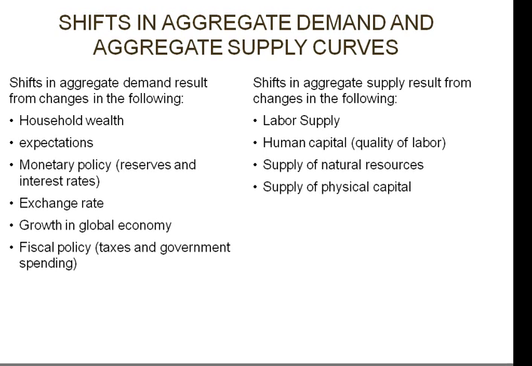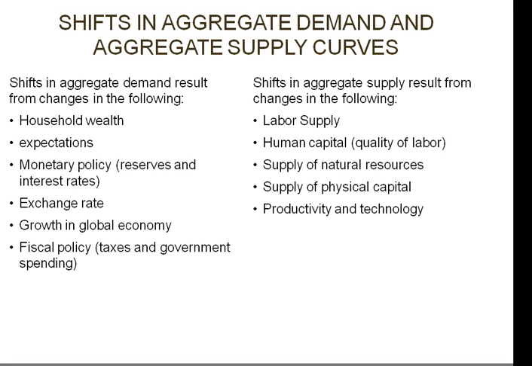Supply of physical capital: if the government is spending more on physical capital, they are increasing the quality and quantity of buildings, infrastructure, electricity and other things like roads, so our aggregate supply will increase. Productivity and technology: if there is more productivity, the aggregate supply curve increases and shifts forward.